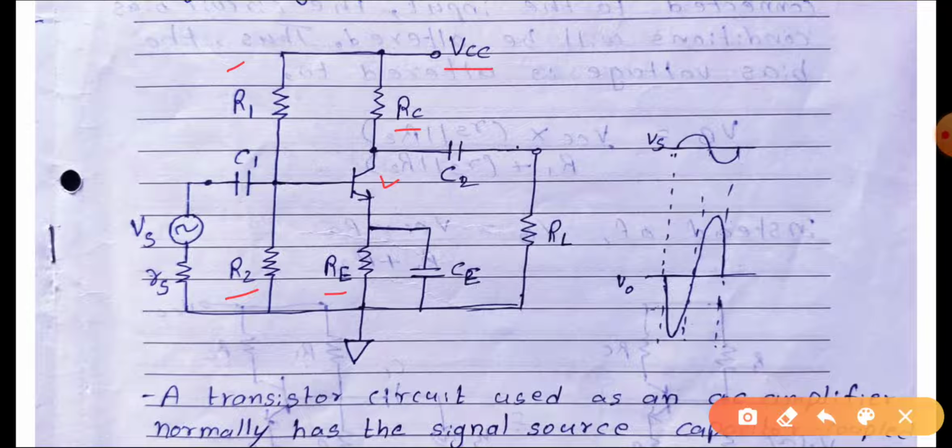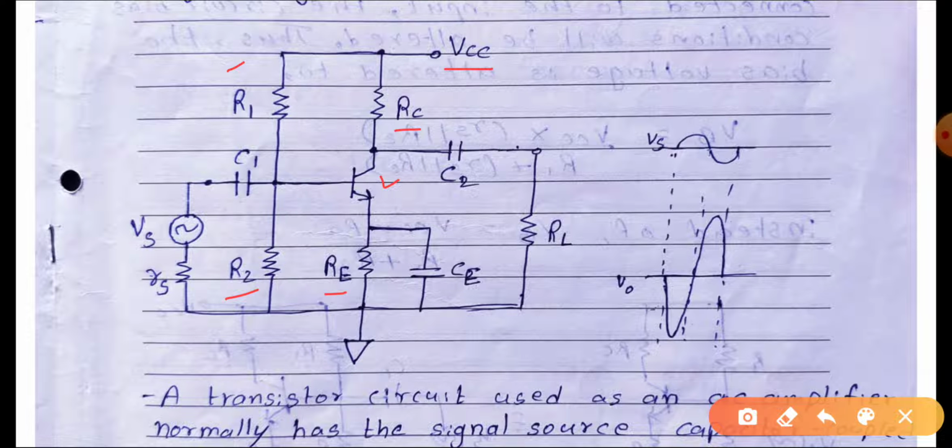In the last lecture, I told you that any amplifier will require an external DC source or energy source. In this circuit, this VCC is the external DC source, which is very useful in the amplification action. Without an external DC source, you cannot amplify your AC signal.